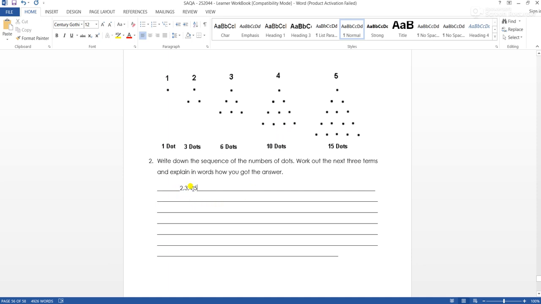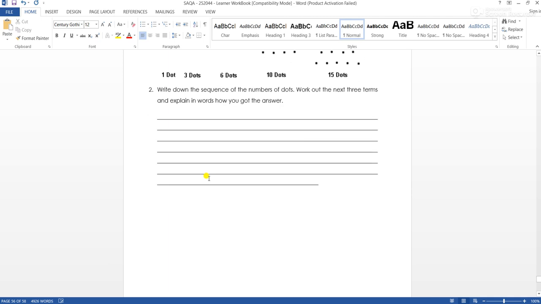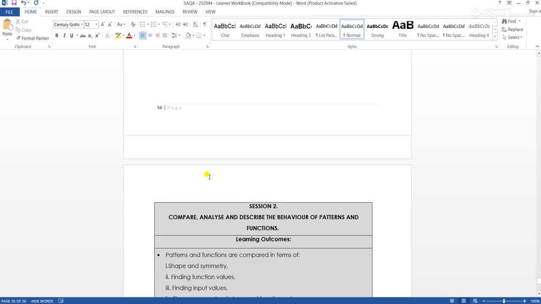So you just have to find the common difference within these numbers, 2, 3, 4, and 5. So you can see that in order for you to find the next three terms, you need to add 6 dots, 7 dots, 8 dots, and so forth. So you'll have to explain that in notes also.